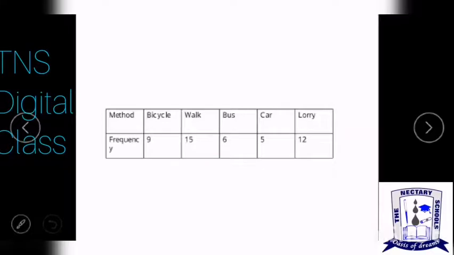How many students go to school by bus? Very good, 6 students. How many students go by car? 5 students. And 12 students go to school by lorry. Now this is the what? Frequency table.